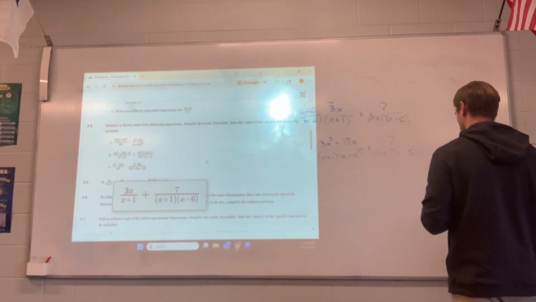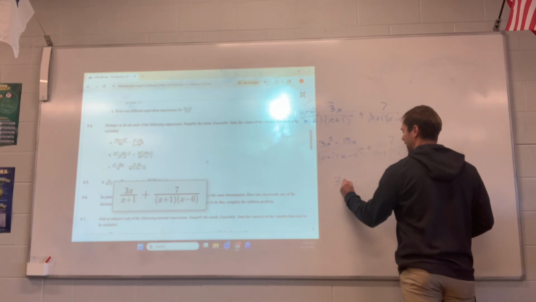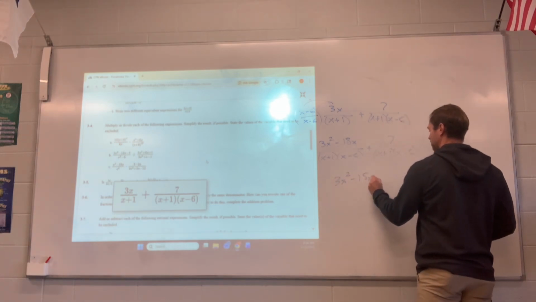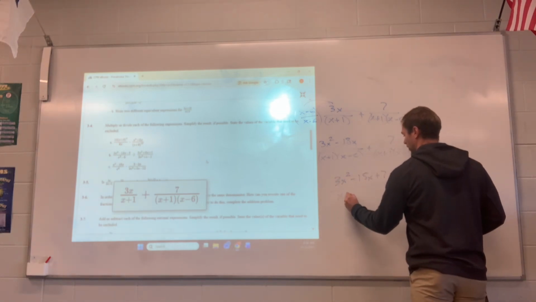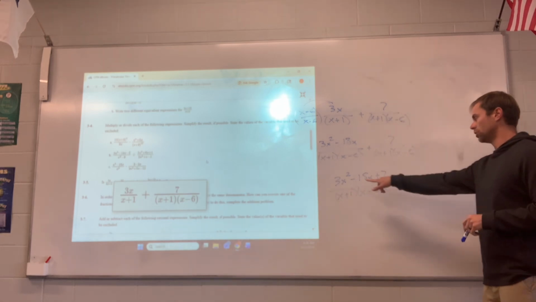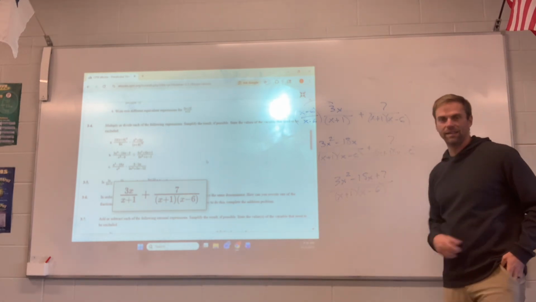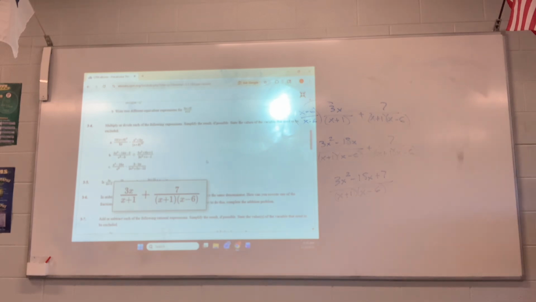Now the denominators are the same, so we can add: 3x^2 minus 18x plus 7 over (x + 1)(x - 6). Then you could look to factor this. This would be 3 times 7, factors of 21 that add to 18. There's actually not any, so it's not factorable. So that's the final answer there, we would just leave this. In order to add rational functions, we have to have that common denominator.